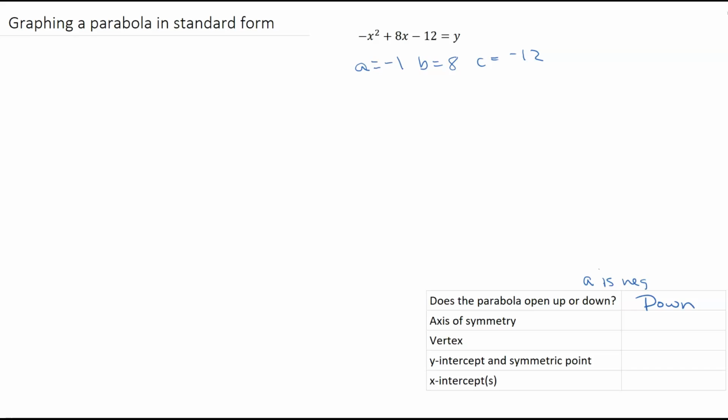The next thing I want to look for is the axis of symmetry. To find the axis of symmetry, I want the line with the equation x equals negative b over 2a. And I'm going to substitute the values from this particular parabola into that formula.